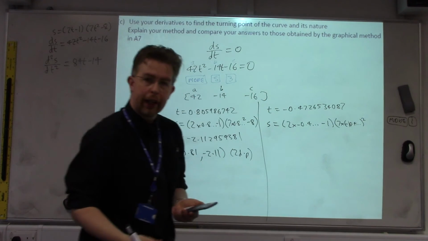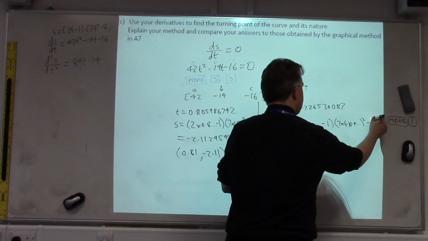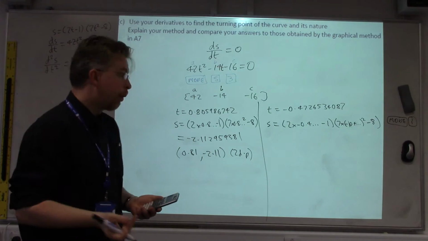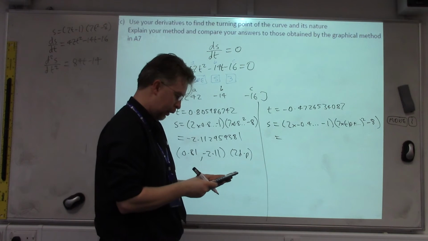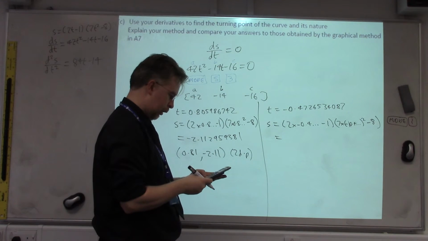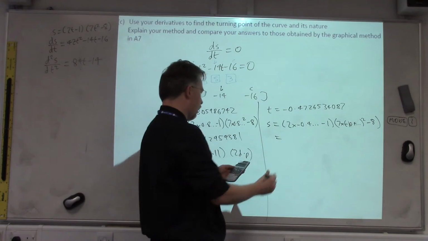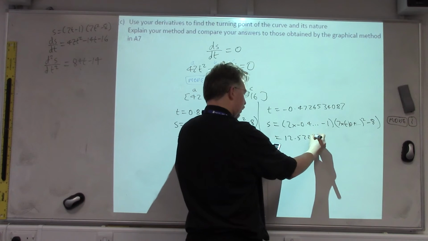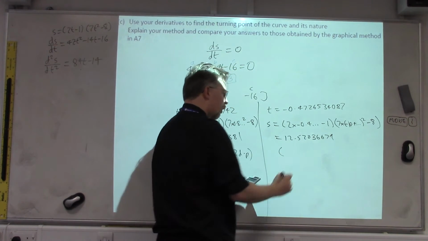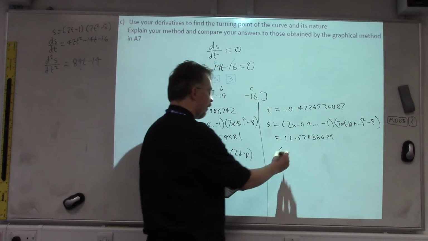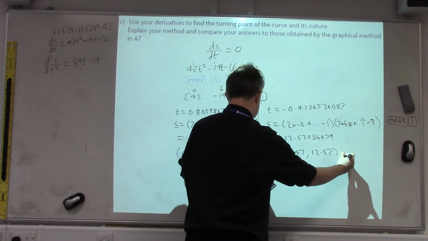Now, because we're squaring a negative number, we'll need to put brackets around it, so that it squares the minus as well as the 0.4. We get 12.52036679. To 2 decimal places, the point is minus 0.47, 12.52.